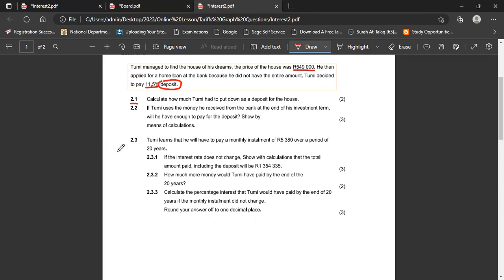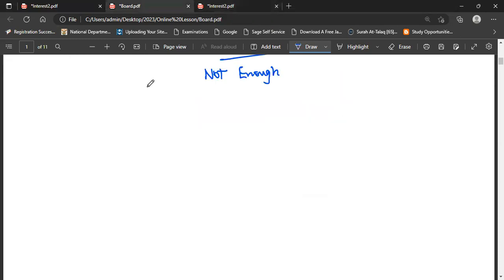Number one, we need to know how much will be accumulated in the 20 years. That's part one. So let's go to our board. We are answering 2.3.1. How many months do we have in 20 years? We say 20 times 12, so we have 240. These are the installments that he made.